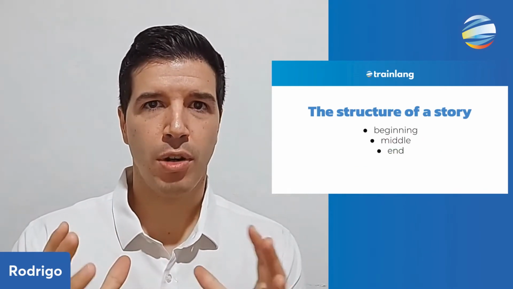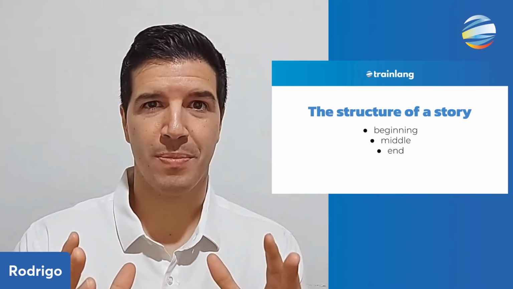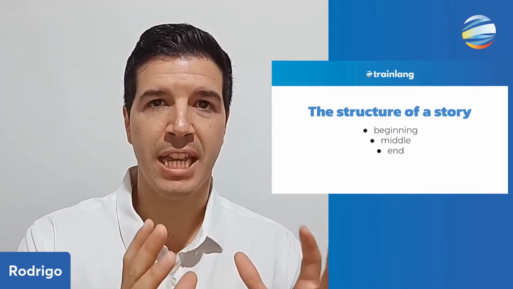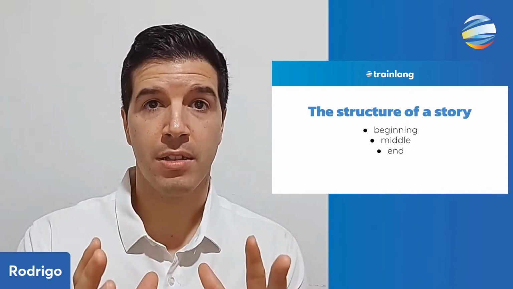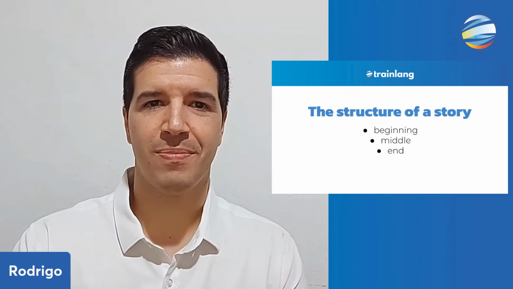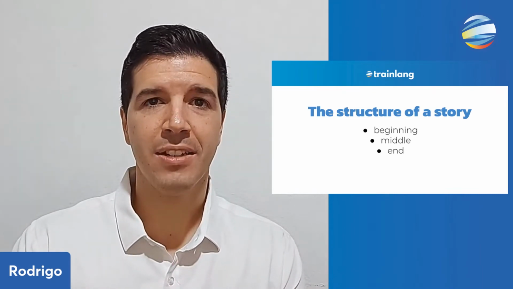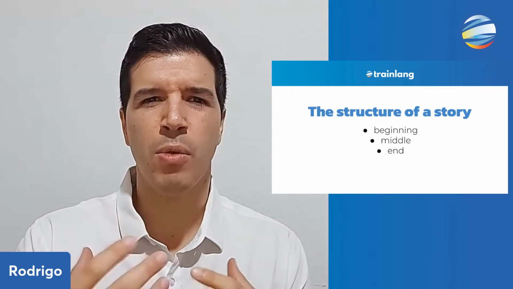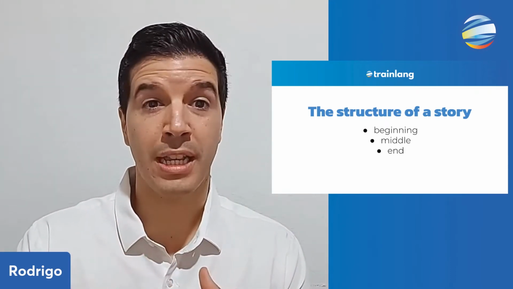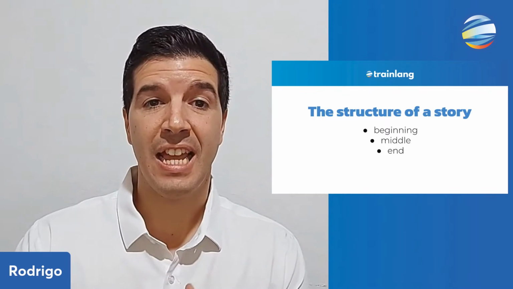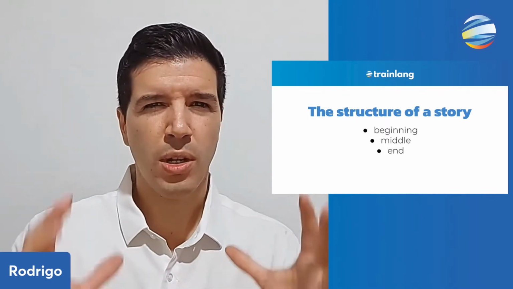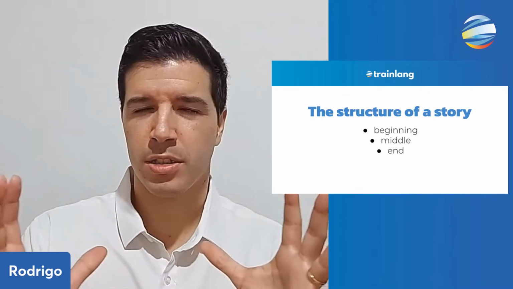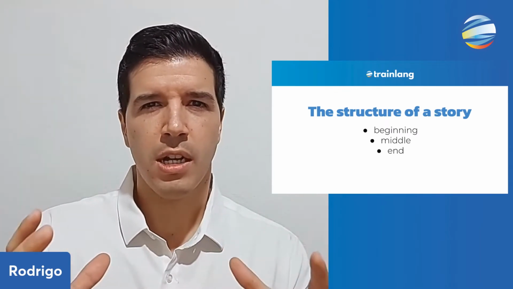Now, the structure of a story is very simple. We have a beginning, a middle, and an end. In the beginning, we talk about the characters and what they were doing when the story started. Then, in the middle, we talk about the most important parts of the story. So, what happened?